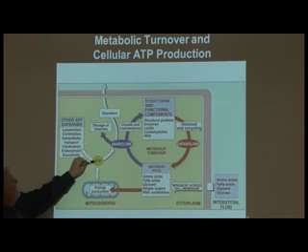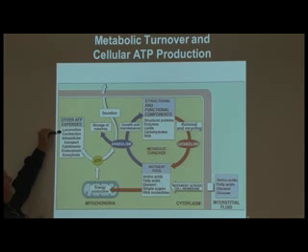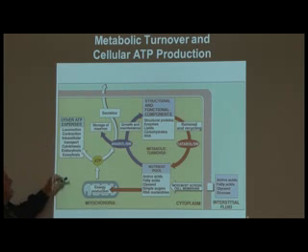And then from the ATP, we can do all of those activities that we talked about. So we can do locomotion of the body, we can do contractions within the body, we can do intracellular transport of material, we can do cytokinesis and make new cells, we can do endocytosis, exocytosis, take things in and out of our cells.